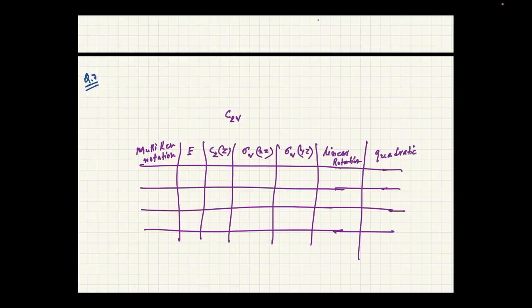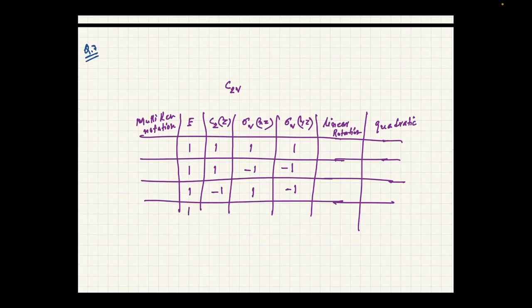Now the characters are also given: 1 1 1 1 is the fully symmetric or totally symmetric representation, and then the next ones are 1 1 -1 -1, 1 -1 1 -1, and 1 -1 -1 1.